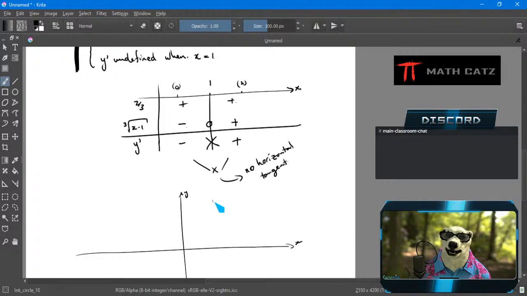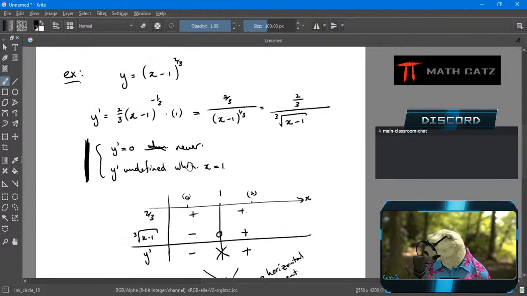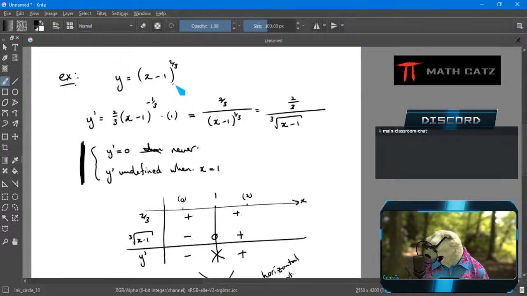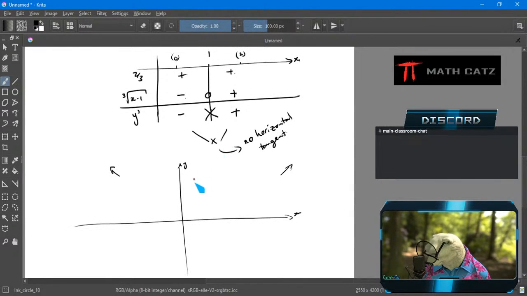If I did step 1 and 2, I would see that it goes up on either side. There is a y-intercept. Oopsie. What's my y-intercept here? It's going to be 1, right? I don't know where these lines are coming from. Y-intercept of 1. Let's put it over there.